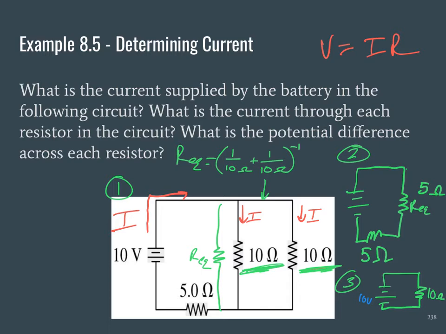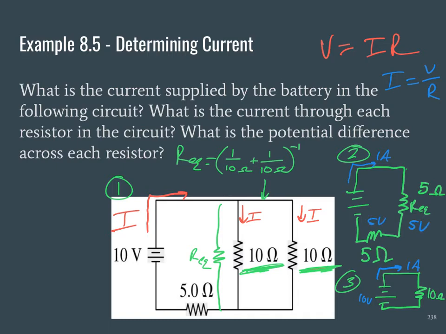To get my current, again, V equals IR, so I is V over R. Right now this 10 volts is being dropped across this 10 ohms, and that gives me a current of 1 amp. If I work my way backwards, the current doesn't change. It's still 1 amp. So 1 amp times 5 ohms gets 5 volts, and this resistor gets 5 volts as well.